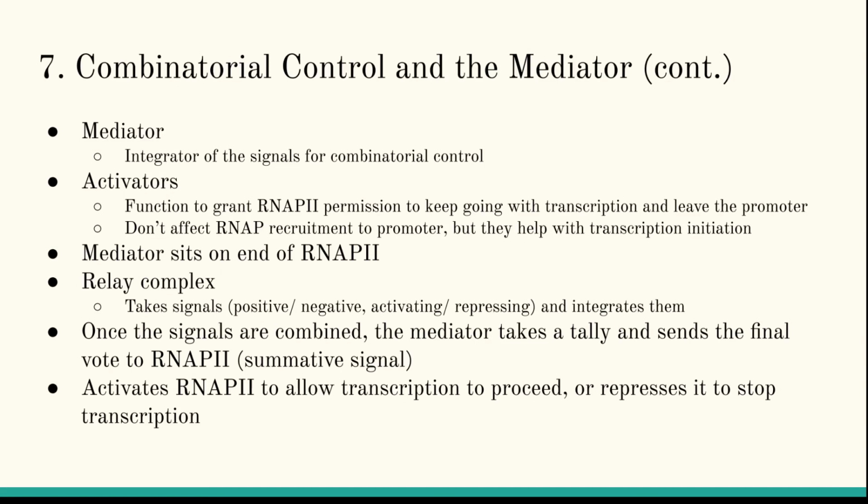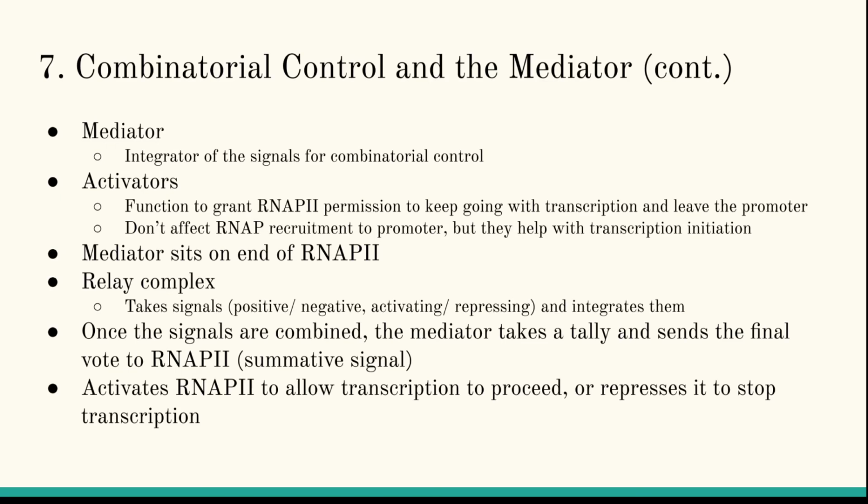They don't affect RNA polymerase's recruitment to the promoter, but they do help with transcription initiation. The mediator sits on the end of RNA polymerase II. The relay complex takes the signals, whether they be positive or negative, activating or repressing, and it integrates them. Once the signals are combined, the mediator then takes a tally and sends the final vote to RNA polymerase II.